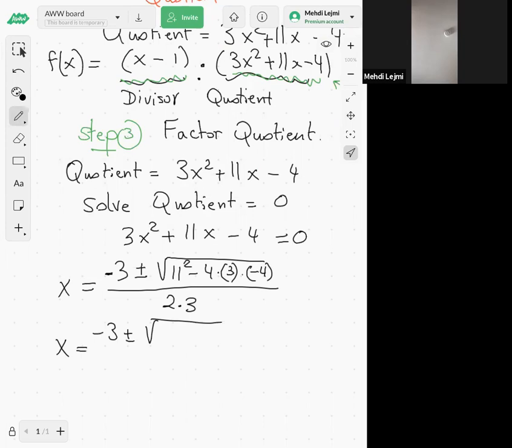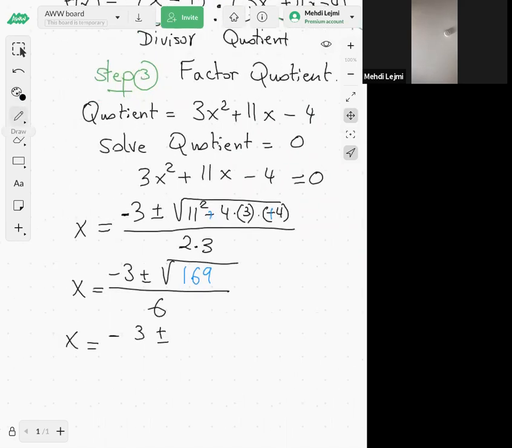And then minus, this is minus, that would be a plus. So 11 squared plus 4 times 3 is 12. 12 times 4, that's 48. So 121 plus 48, that's 169, sorry, over 6. So then x is negative 3 plus or minus the square root of 169, which is actually 13. So this is plus or minus 13 over 6.